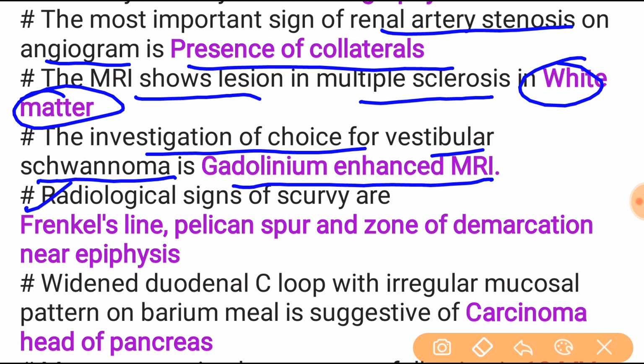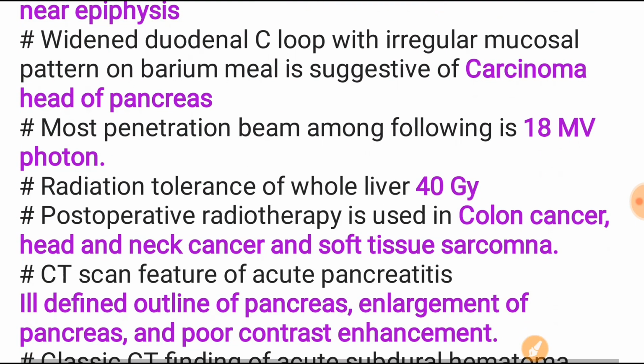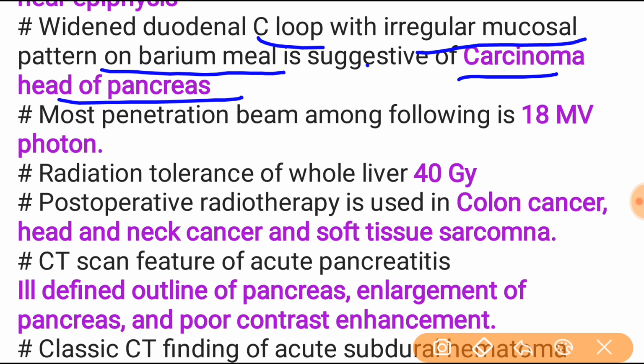Radiological signs of scurvy are Frankel's line, pelican spur, and zone of demarcation near the epiphysis. Next, widened duodenal C-loop with irregular mucosal pattern on barium meal is suggestive of carcinoma of the head of pancreas, due to the duodenum and head of pancreas here like that.